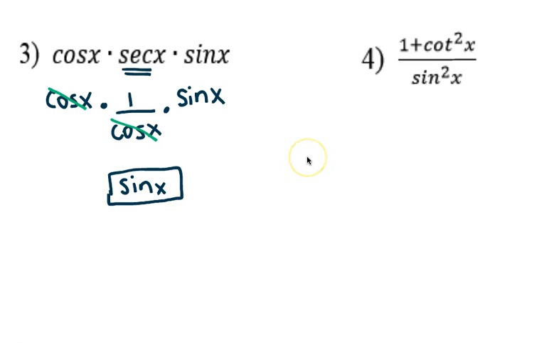Okay. For number 4, again, we always want to try to write this in terms of sine and cosine if possible. But before I even do that, I notice 1 plus cotangent squared x. I notice that that is just simply a Pythagorean identity.